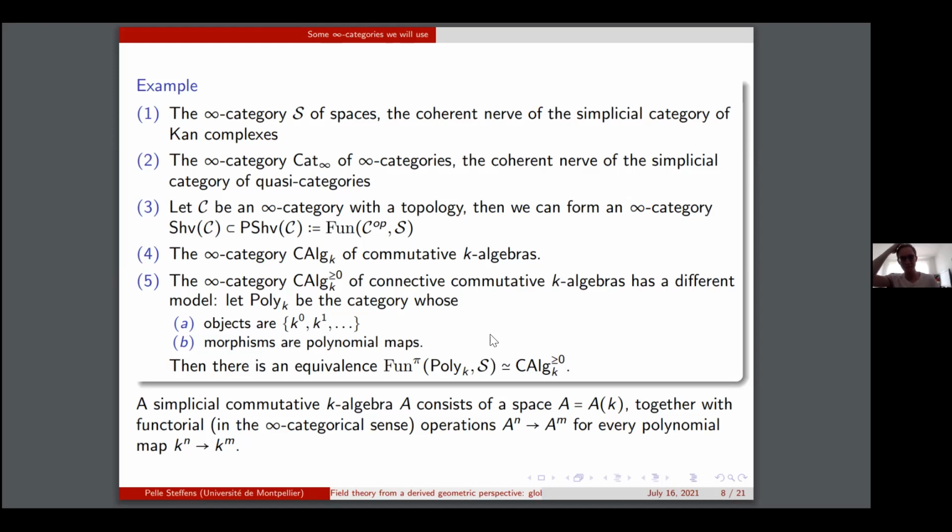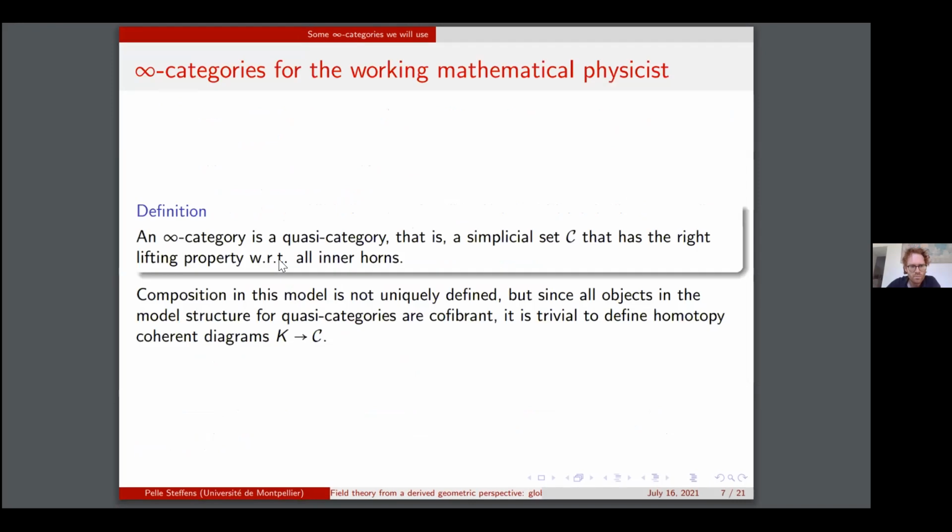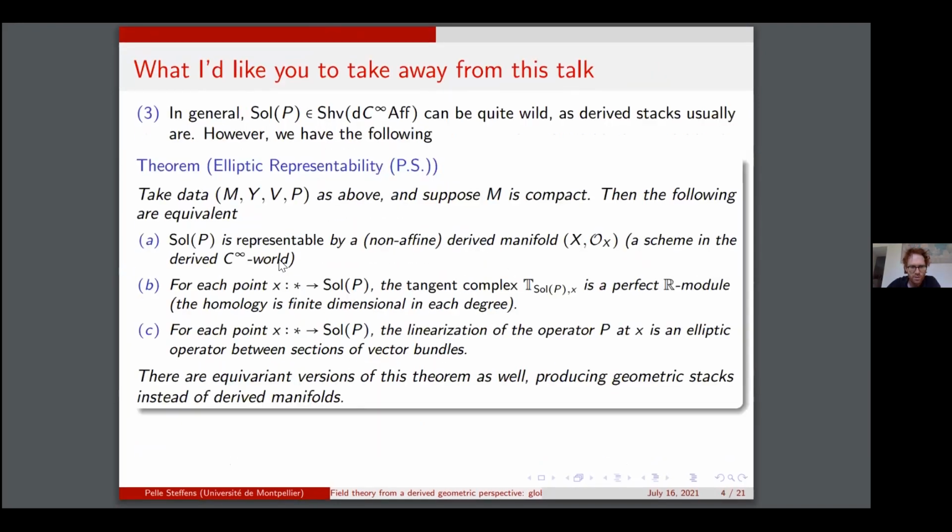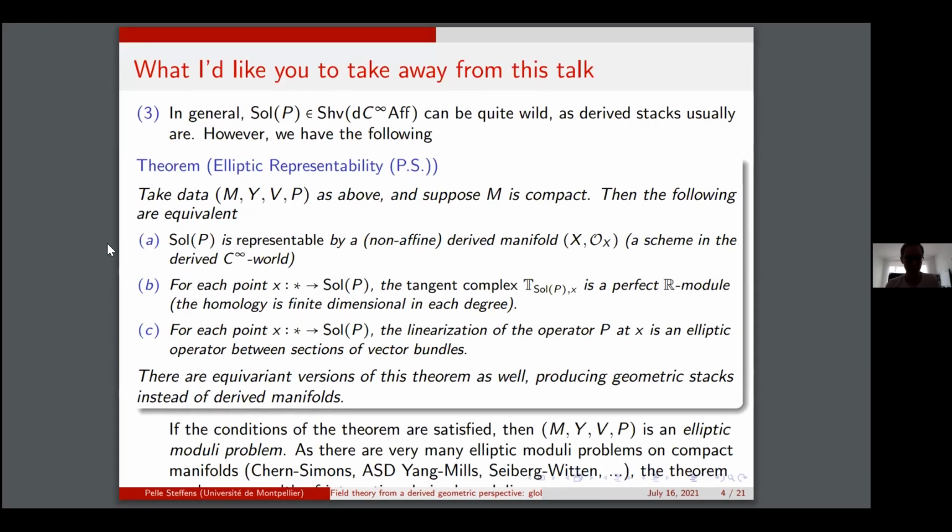But so may I ask another question? Is that okay? I think we have time, so we can go through all the questions. Okay, cool. Sure, go. Maybe on the slide where you first showed your representability theorem. Yes, that one.